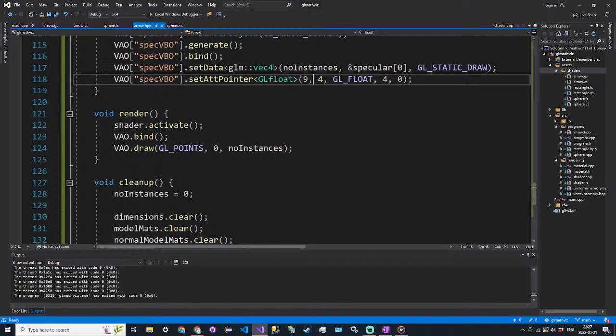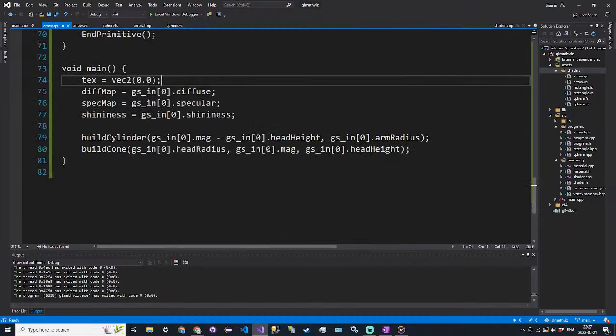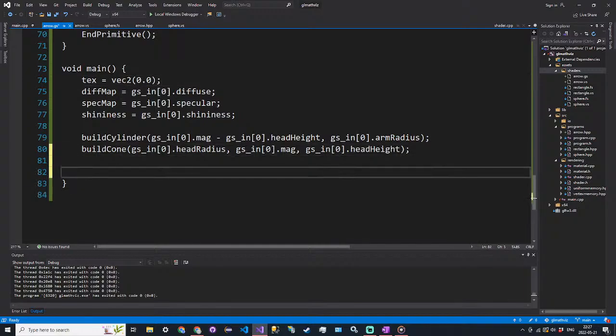So rendering, it's GL points, 0, number of instances. All right, I just want to make sure that the data is getting to the geometry shader. So what I am going to do is make a rectangle.